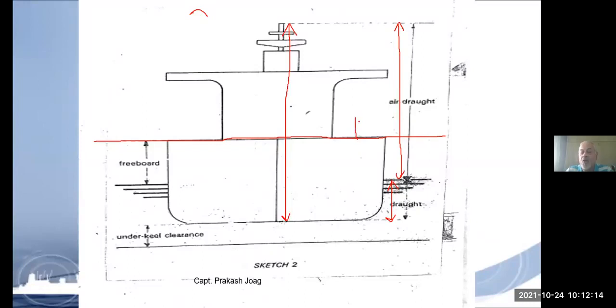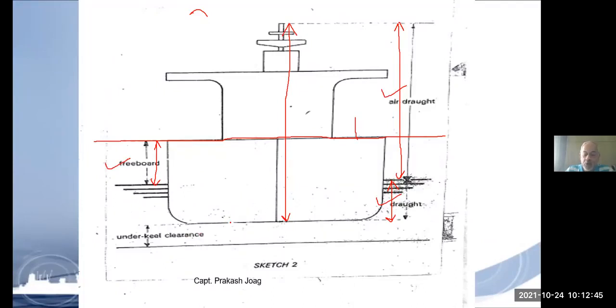From the water line till the main deck, from forward to aft, is called freeboard. Freeboard also we are going to mention during pilotage, so you should know that also. So one dimension we have seen is draft, the other is air draft, and the third is freeboard.